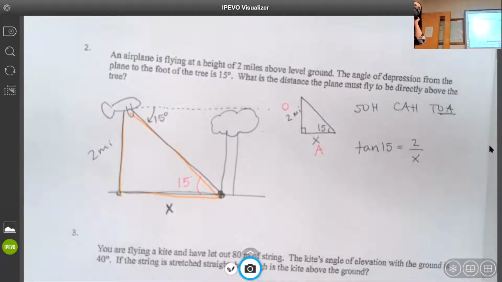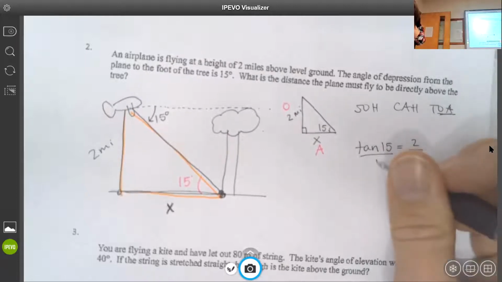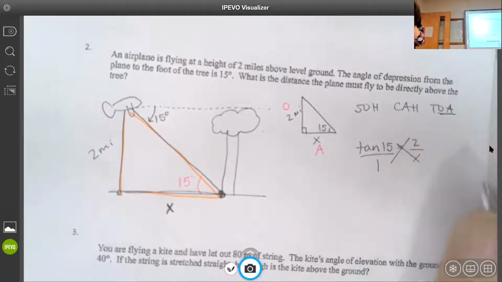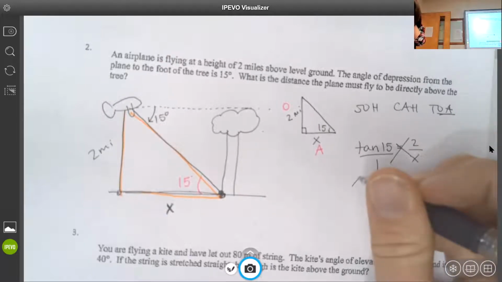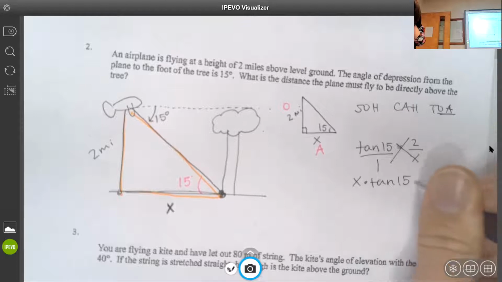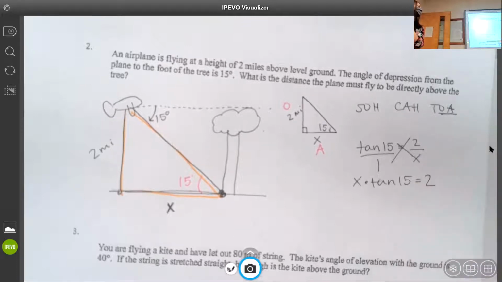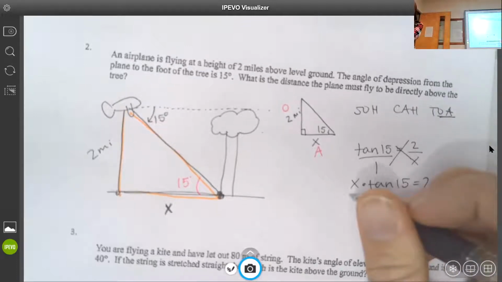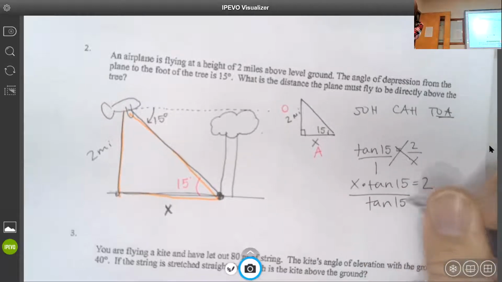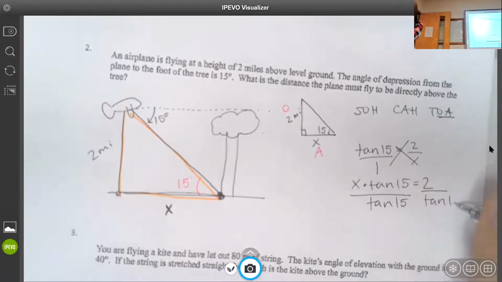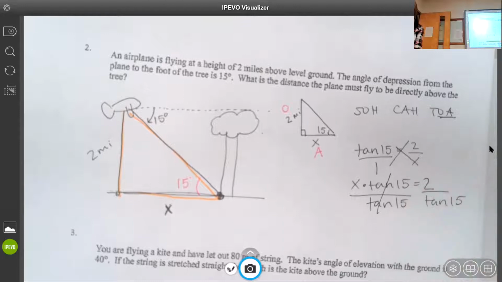Opposite over adjacent. And then I'd put this over 1, cross multiply, and I get x times the tangent of 15 equals 2, and divide by the tangent of 15, and then I need my calculator.